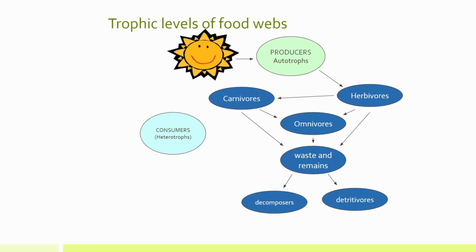And those things are broken down by strict decomposers or organisms that like to eat waste and remains, which are called detritivores. The consumers that we talked about here are all considered heterotrophs because they don't make their own energy, so it's not automatic like with autotrophs, a producer. So consumers are not autotrophs, they are heterotrophs.